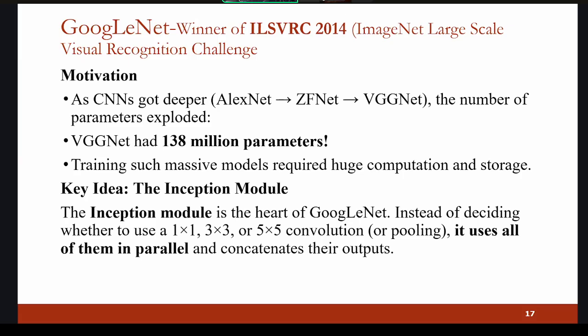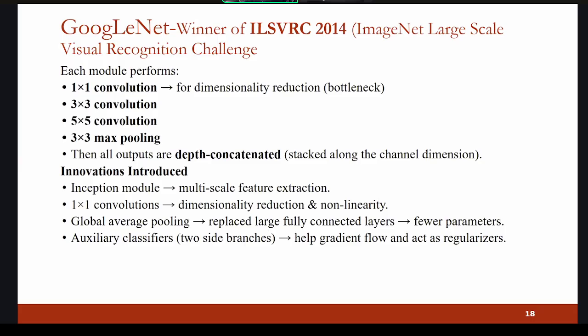So what they are doing here is they are using different filter sizes. Instead of using them in sequence, they have used them in parallel, and they have concatenated the output of all the convolution layers, and that is given as input to the pooling layer.